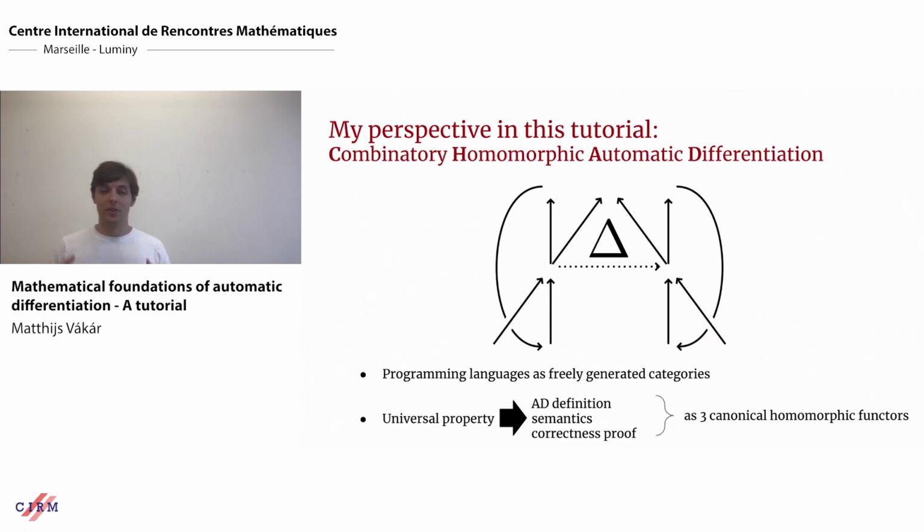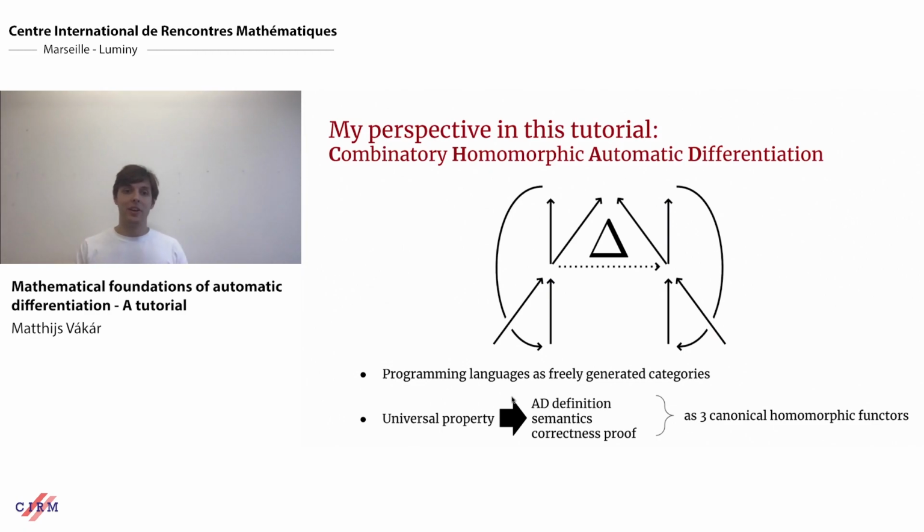Well, the idea that I'll present is that we can view programming languages, particularly functional programming languages, as certain freely generated categories, or certain initial categories in bigger classes of categories. And as such, they have a certain universal property.